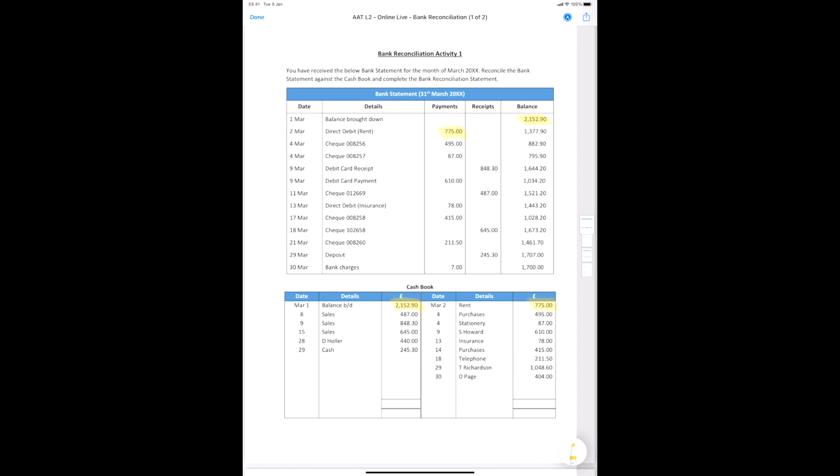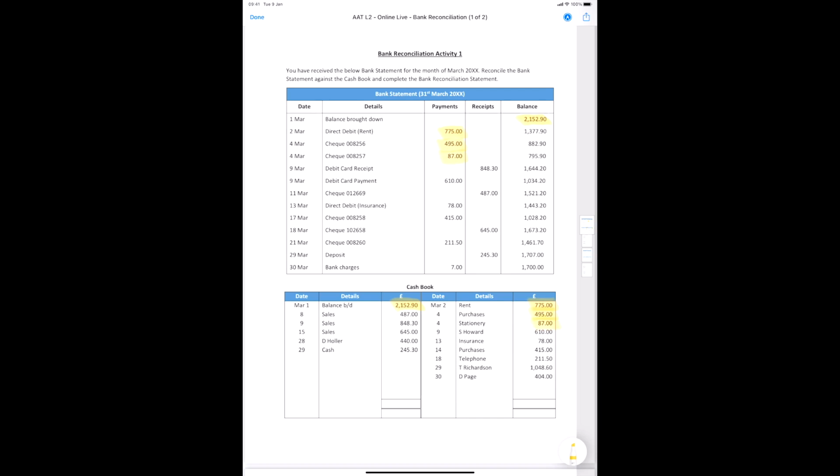So we can highlight those together. Next, we have a cheque for £495, which appears in our cash book as a purchase. So we can highlight that as well. We've got a cheque for £87. This relates to a stationery payment.